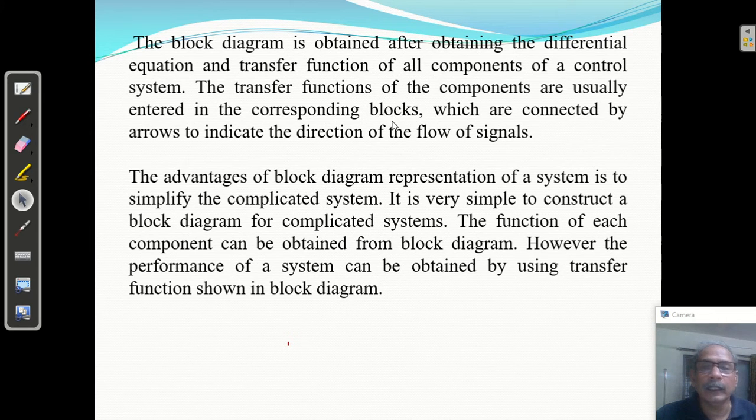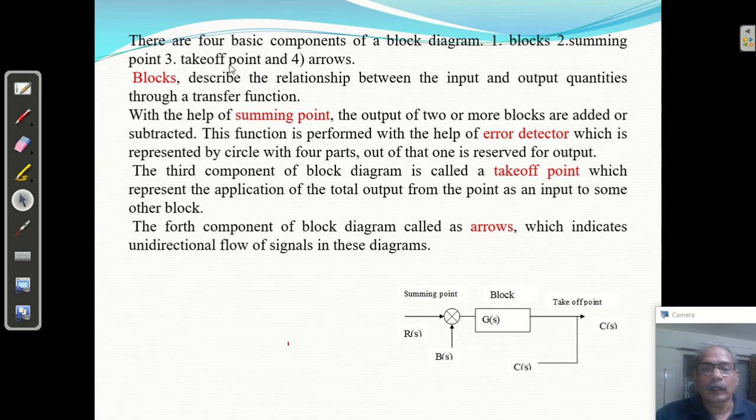I was talking here. Now in case of block diagram methods, there are 4 basic components of a block diagram. What are the 4 components? The first one is called a block.